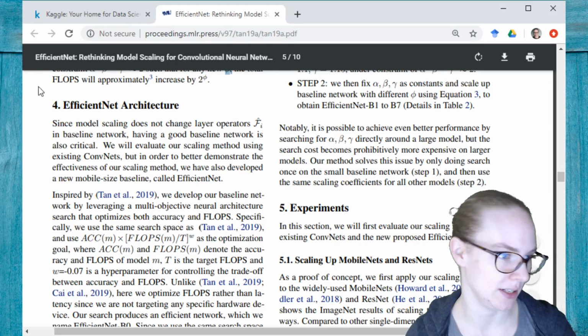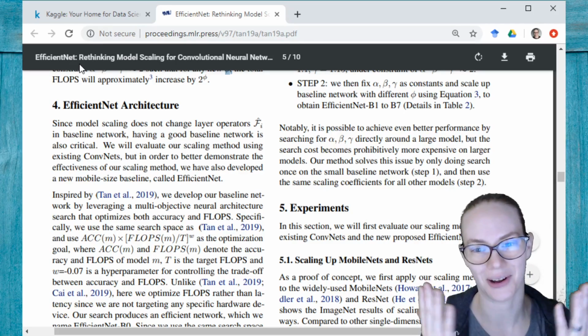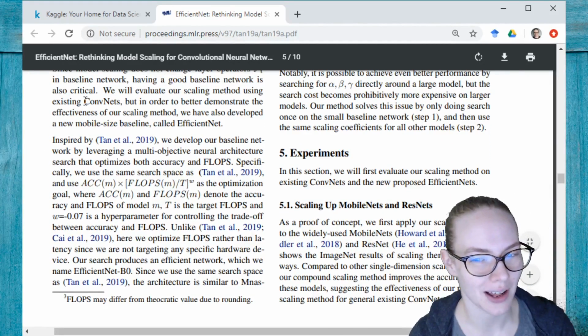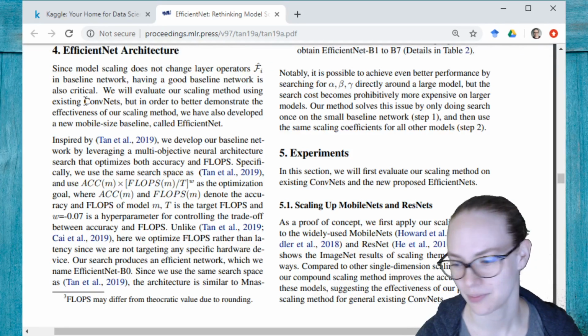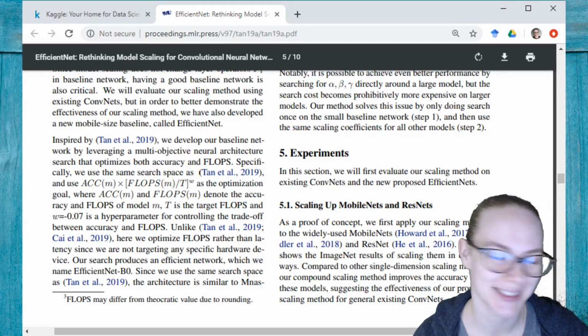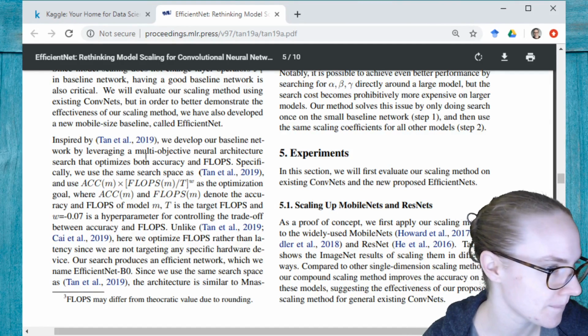So mobile size means that it should work well for embedded applications, and it'll fit on a phone. Presumably like a fairly nice phone and not like one of the old style Nokia type of phones, but it should require much less compute.